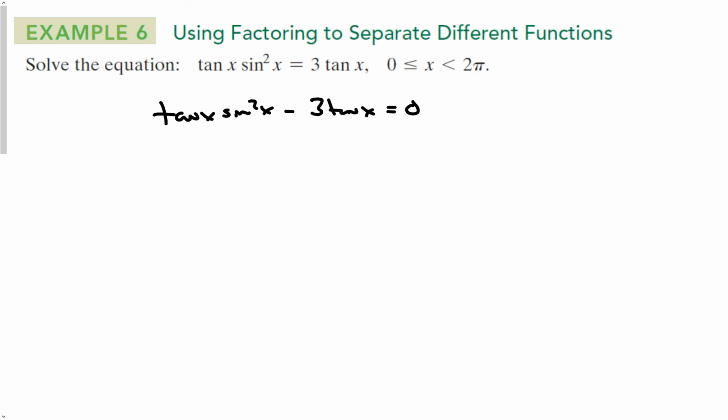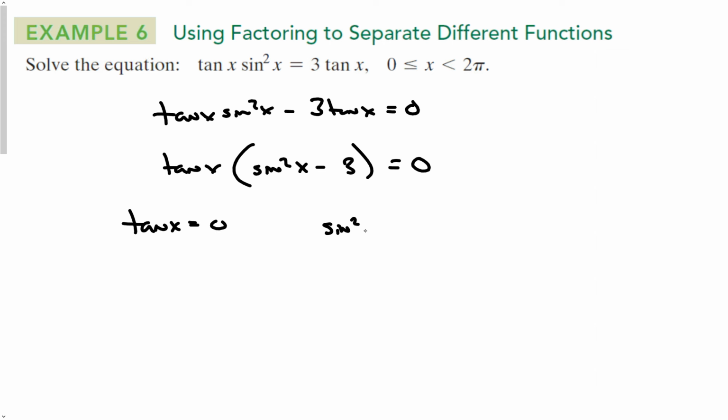So the tangent of x, factor it out, and I'm left with the sine squared of x minus 3 is equal to 0. I now have a product equal to 0. That is exactly what I want because now I can use the zero product property and separate these and say that the tangent of x is equal to 0 and that sine squared x minus 3 is equal to 0.